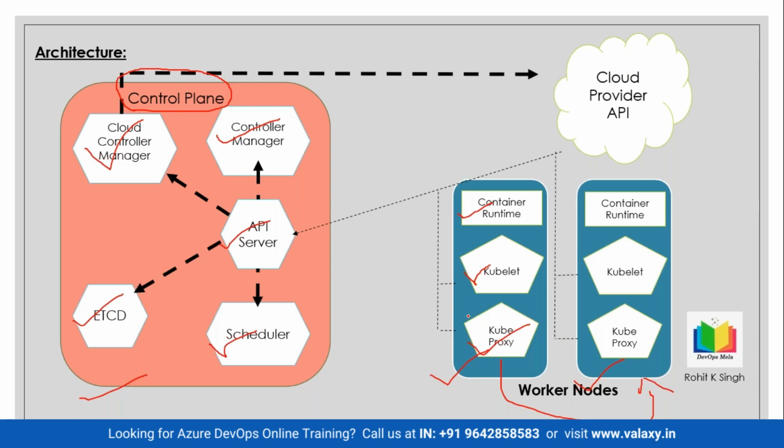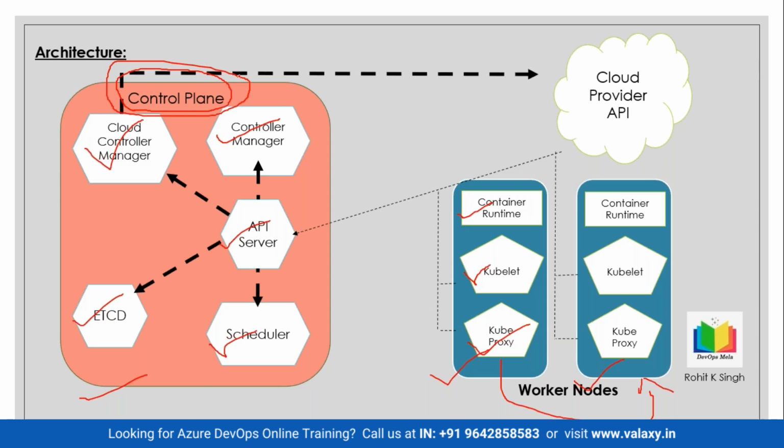Now think of an aeroplane. Imagine that aeroplane is your worker node. And think of ATC, air traffic control. ATC is your control plane and your aeroplane is your worker node.